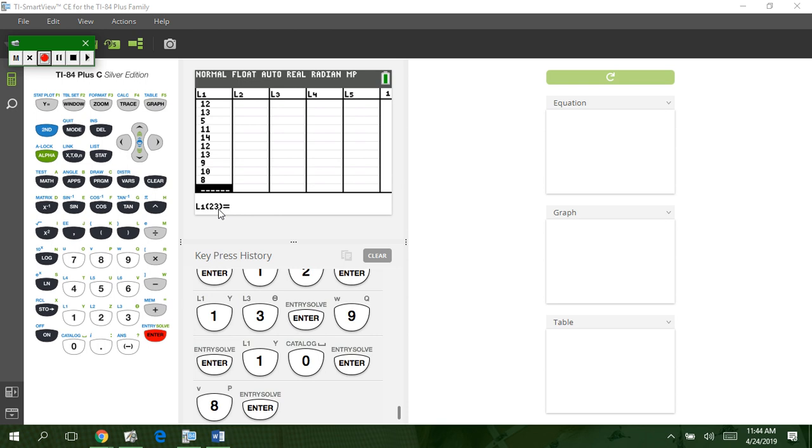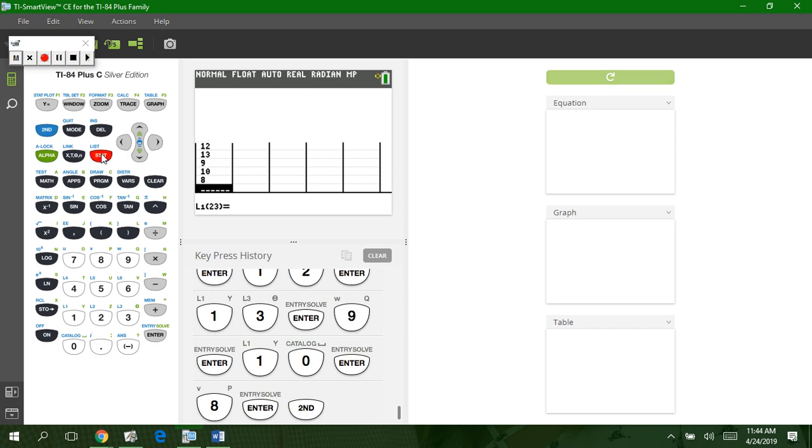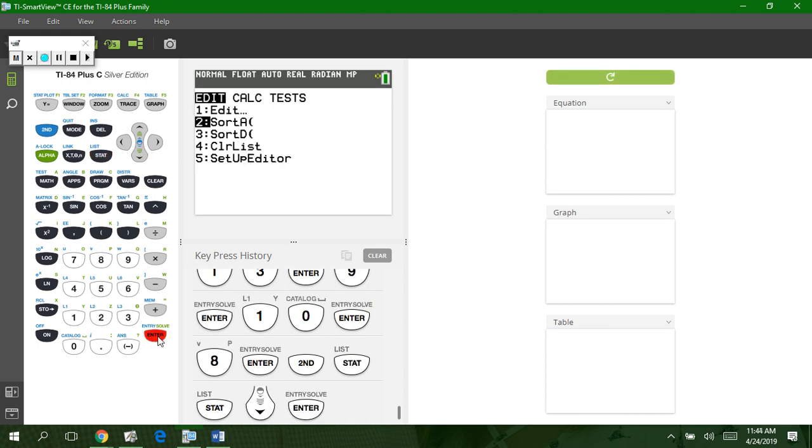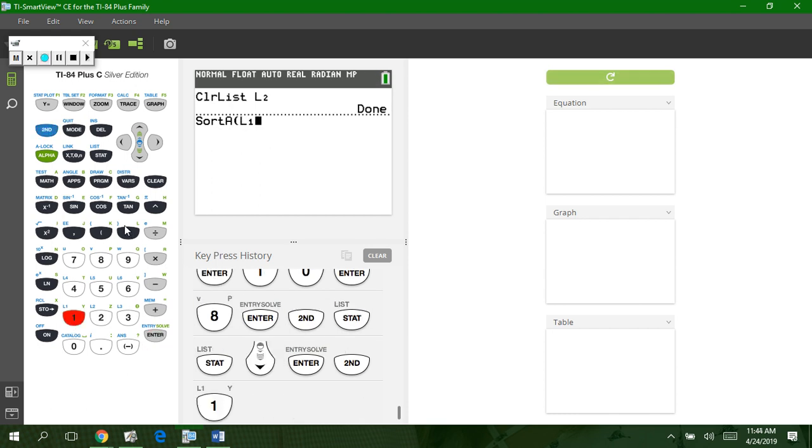So what we're going to do now, if you'd like to come up here, I'll show you how to do the next step. I want sort ascending because when you do the median by yourself, you have to put them in numerical order. So I'm going to do sort ascending, number 2, that was list 1, so second number 1, close it off, and it says it's done.